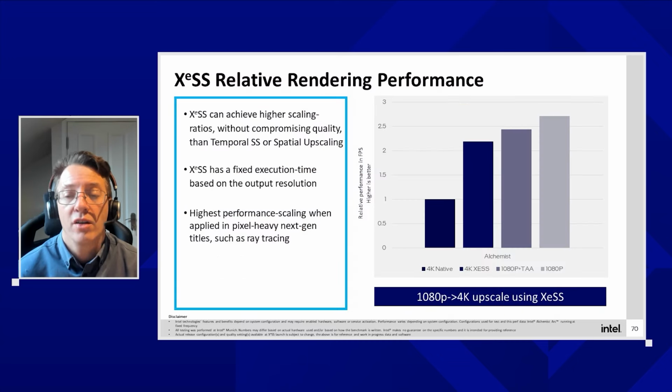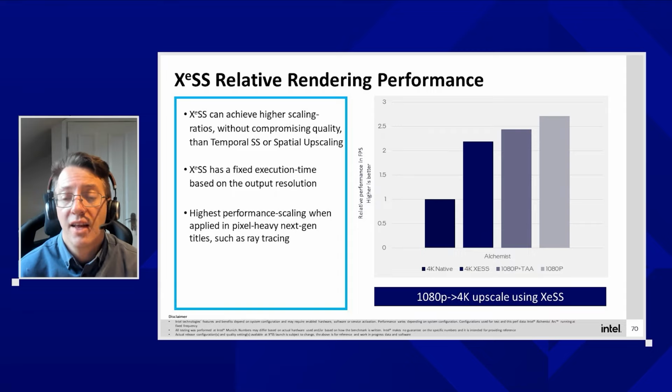The other thing to bear in mind, it's not just about the quality of the image, it's how much performance we're gaining from this. So looking at those 4 different ways of rendering the image and comparing costs, you can see that native 4K is a little more than 2.5 times slower than the 1080p. The game's native TAA solution does a very good job of upsampling while maintaining very good performance, where it's almost 2.5 times faster than native 4K.